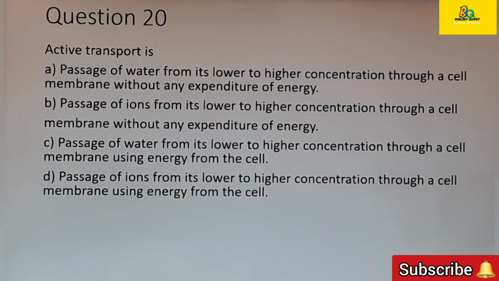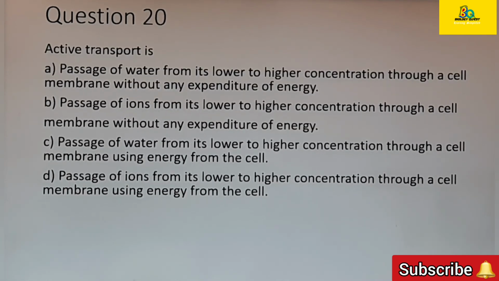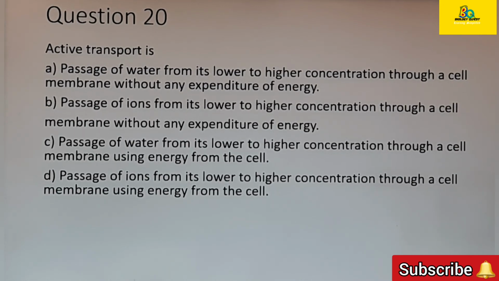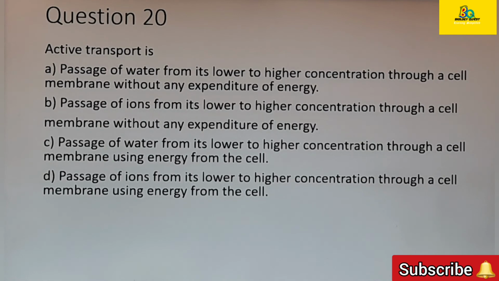Now the last question, question 20. Active transport. What is active transport? We have already discussed this in one of the previous questions. Let us have a look at the options. A, passage of water from its lower to higher concentration through a cell membrane without an expenditure of energy.